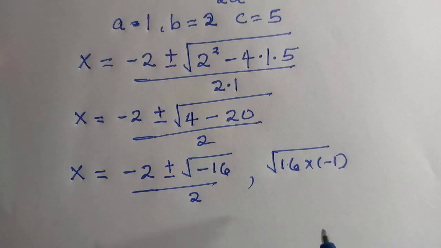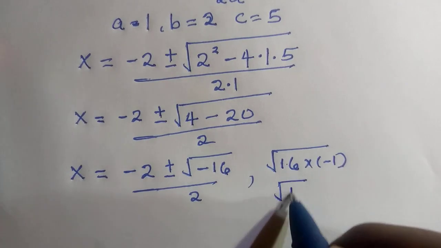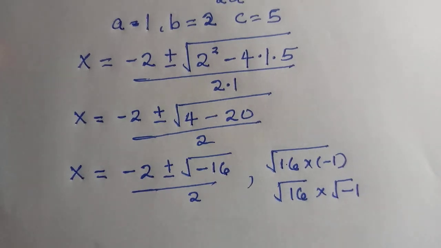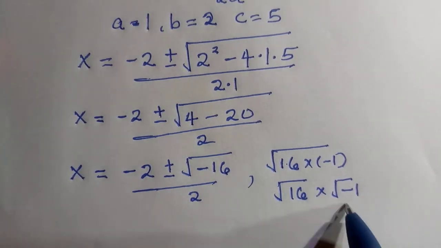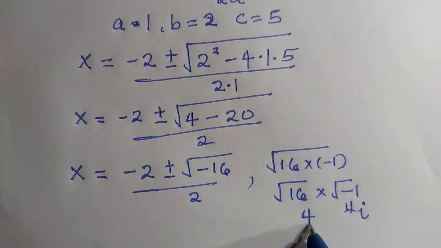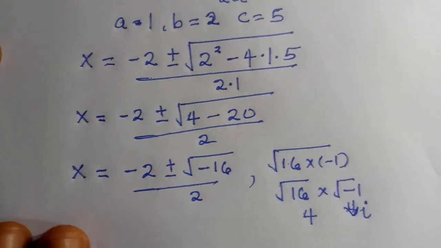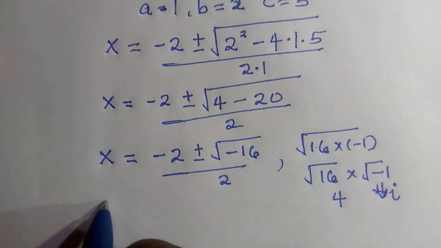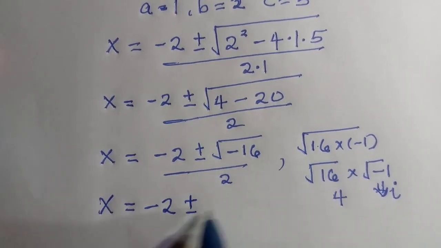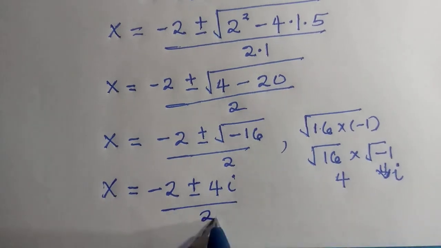We separate it as square root of 16 multiplied by square root of minus 1. The square root of minus 1 is given as i, and the square root of 16 is 4, so we have 4i. Therefore, the value of x here equals minus 2 plus or minus 4i, divided by 2.